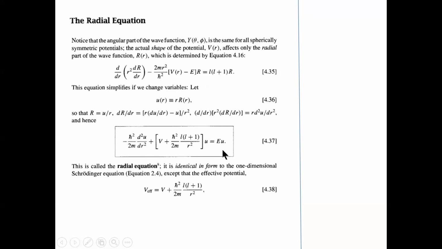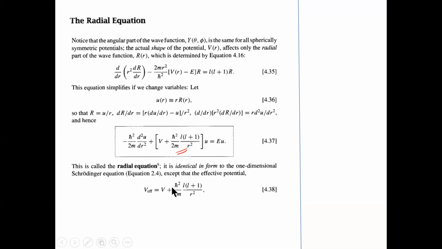This reads very similar to our Schrodinger equation, except for this term. That term is actually the centrifugal term.